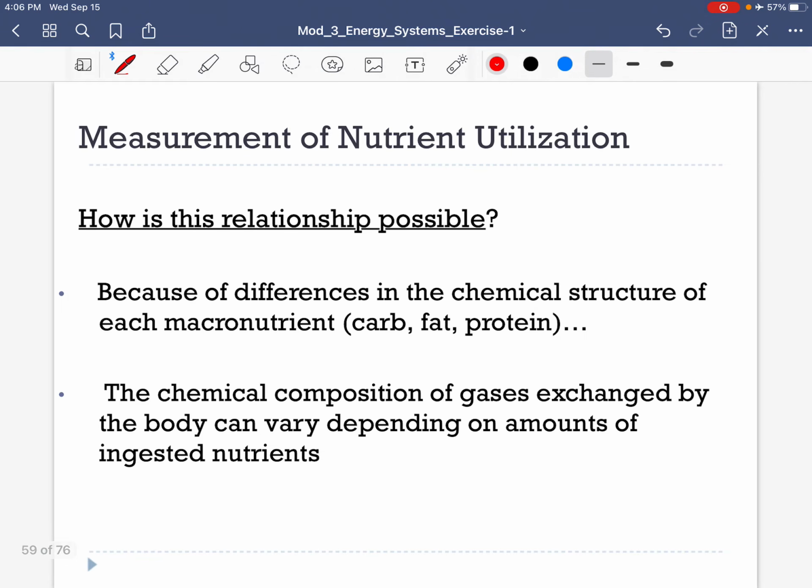Okay? It also has to do with the differences in structure.